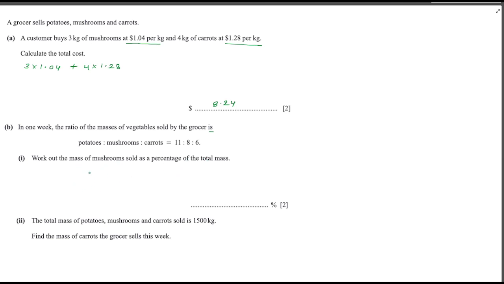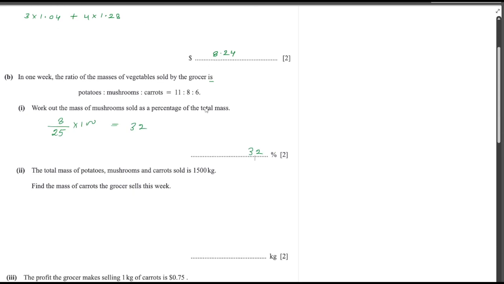So you have to calculate the mass of mushroom. Now the ratio for mushroom is 8 out of this total: 11 plus 8 is 19, 19 plus 6 is 25. So 8 divided by 25 times 100. 25 times 4 is 100, 8 times 4 is 32. So it is 32%. Okay, so whenever percentage means out of 100, you can assume your total mass or total number as 100.